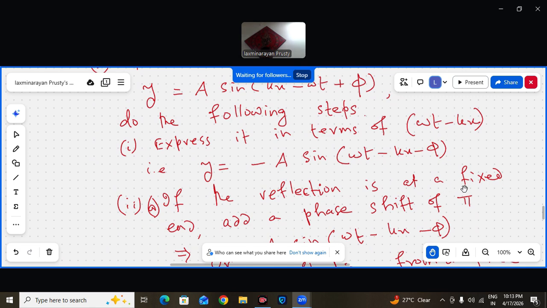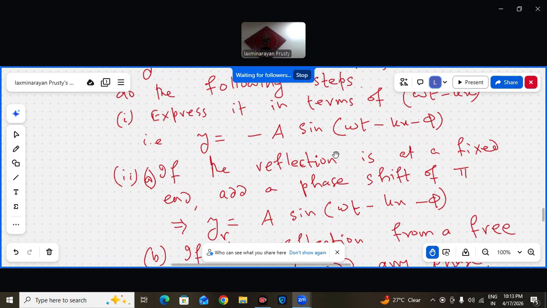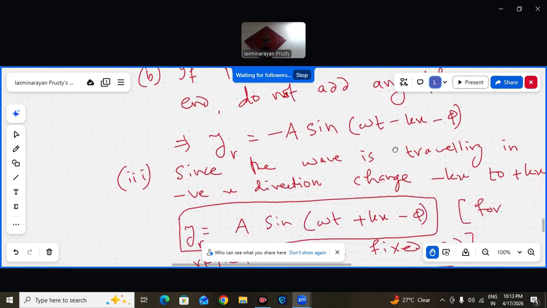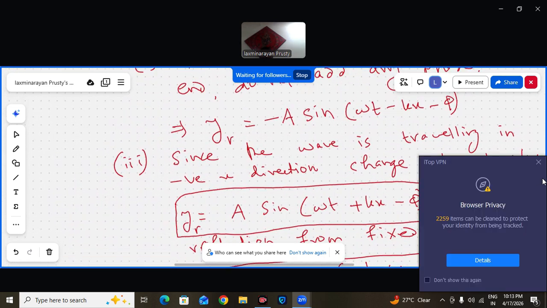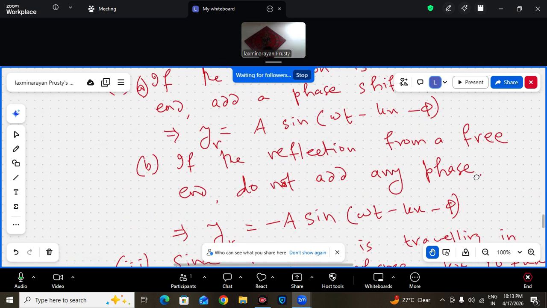If the reflection is from a fixed end, put a phase shift of pi, so one more minus, that will make it plus, a sin(ωt - kx - φ), but since it is traveling to the negative direction, it will become a sin(ωt + kx - φ).